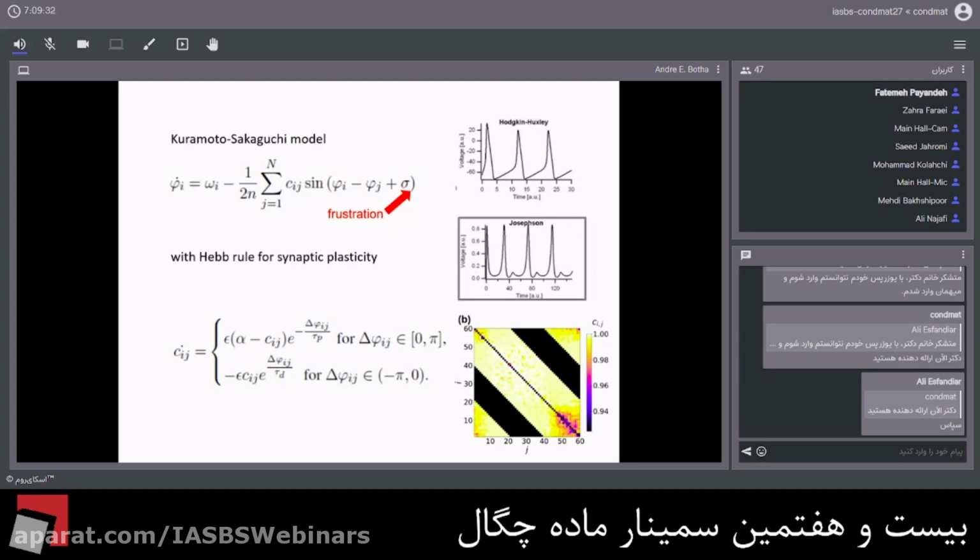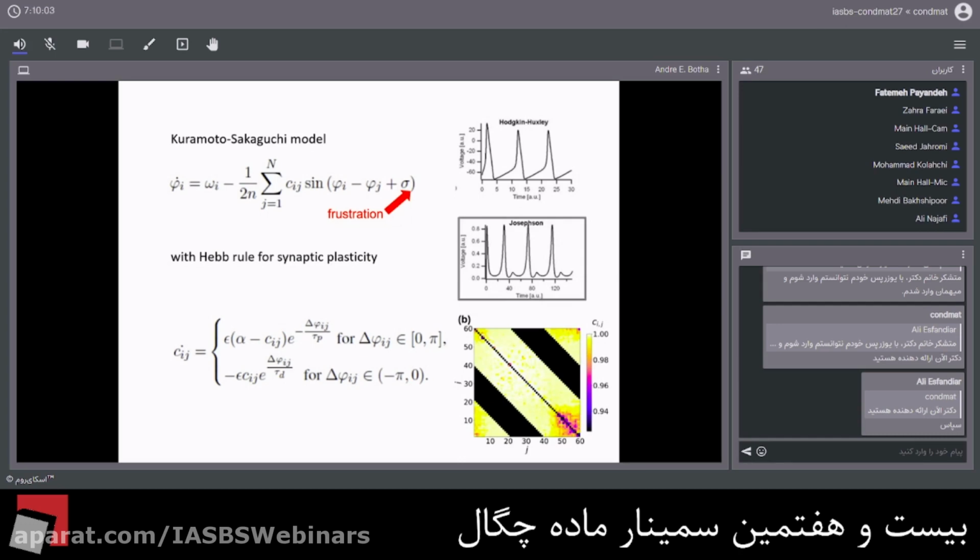So there's a competition between coupling that wants to align everything and coupling that wants to anti-align the spins. And this is what's known as frustration, because in the end, the system has to reach a state of minimum energy, let's say, and it may not be a fully aligned or fully anti-aligned state. It might be something in between.